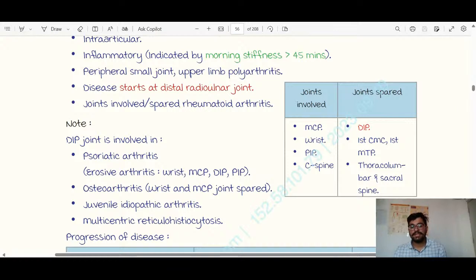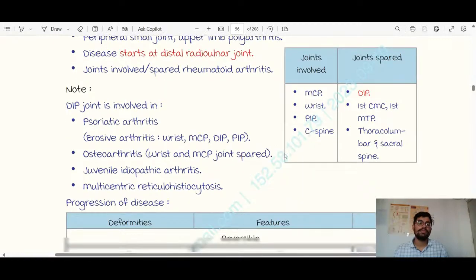MCP, wrist, PIP, and C spine, the cervical spine, are involved in RA. Not involved: DIP, first CMC, first MTP metatarsophalangeal, and thoracolumbar and sacral spine. These are spared. We have to remember this.